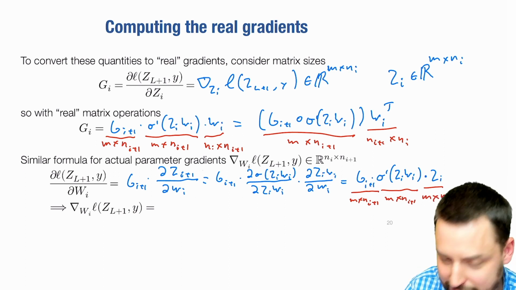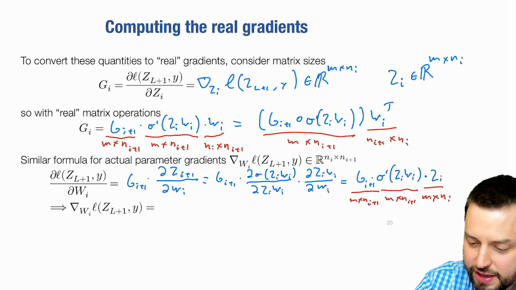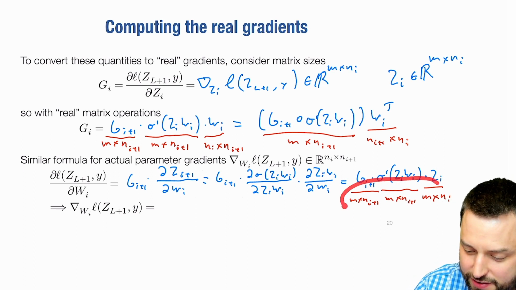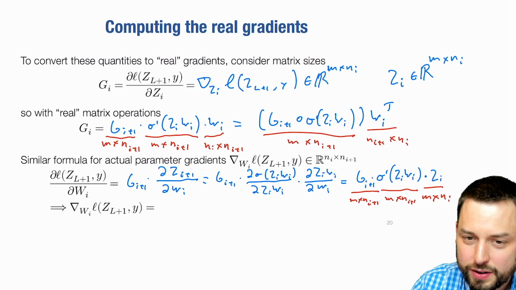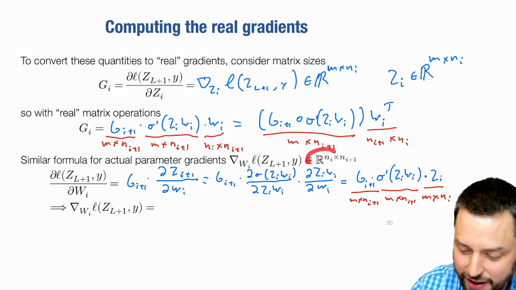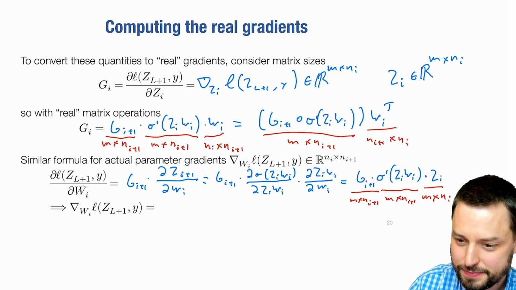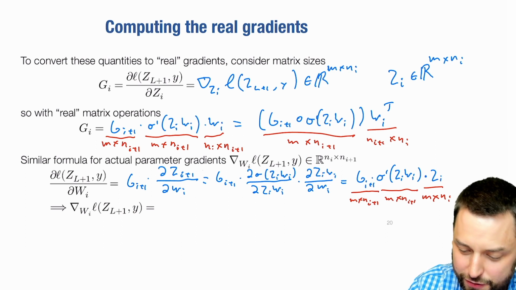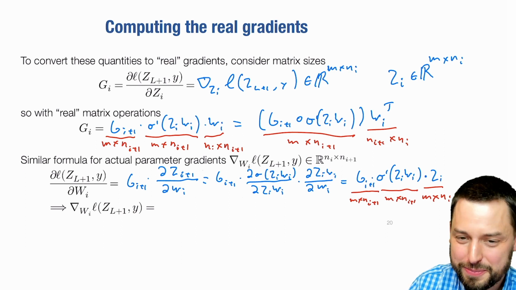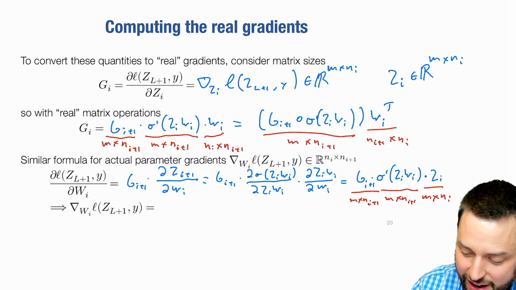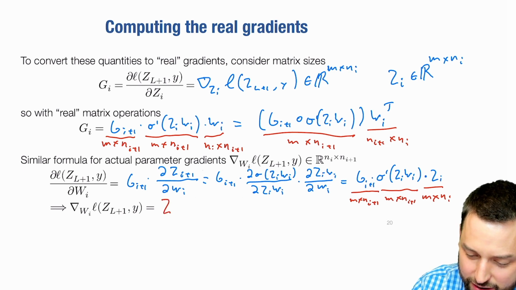So now, how do we arrange these sized matrices to add up to this size? Hopefully I won't belabor this point too much, but we need an n_i first, so you have to take z_i and transpose it first.